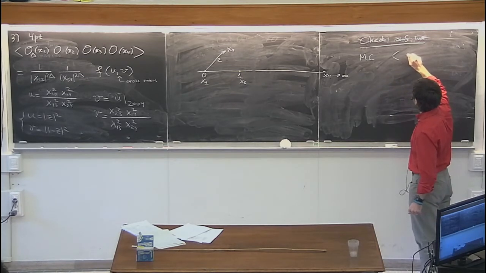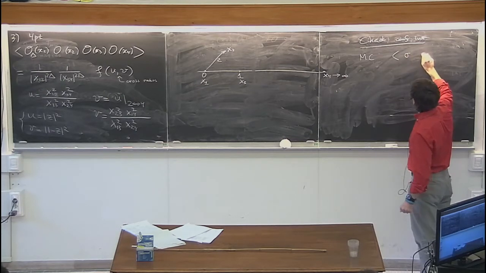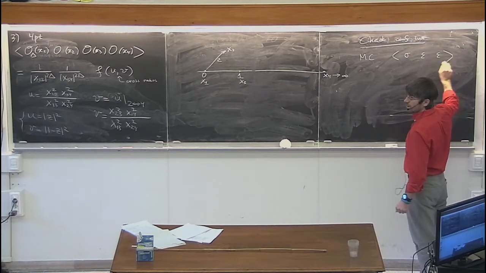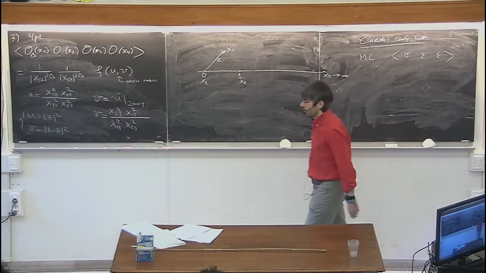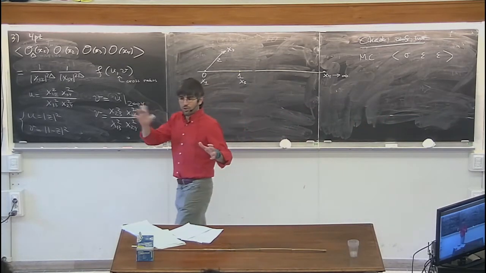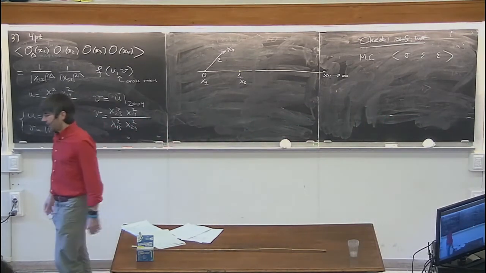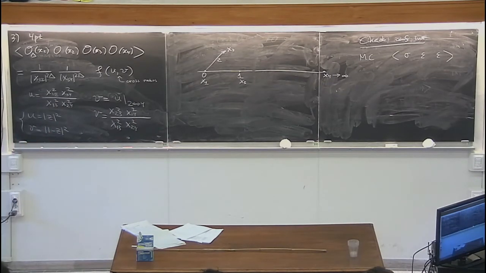You measure the 3-point function sigma epsilon epsilon in a Monte Carlo simulation for various positions of points, and then you see whether the functional form that you get is consistent with the prediction of conformal invariance, with the formula that we've written. That would be one way to do this.